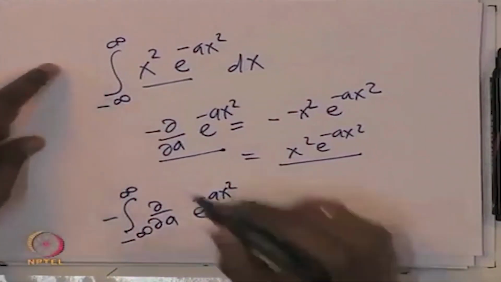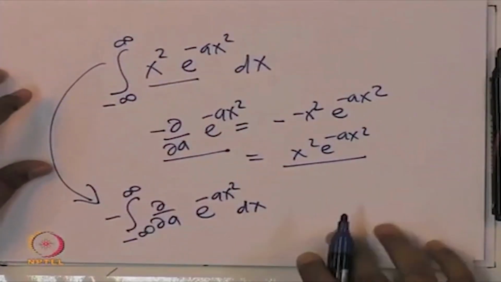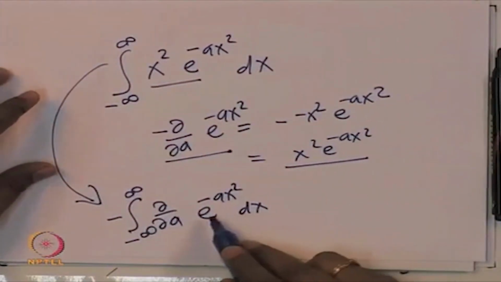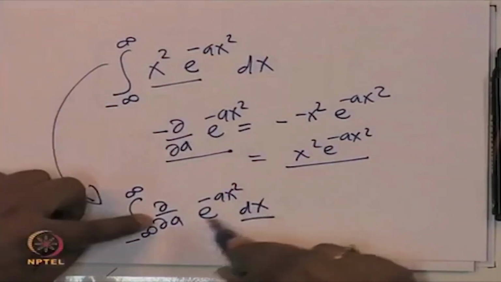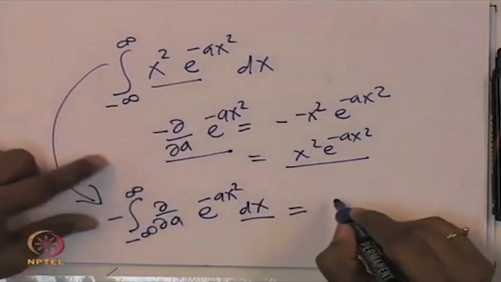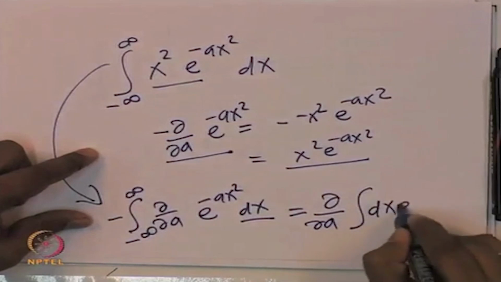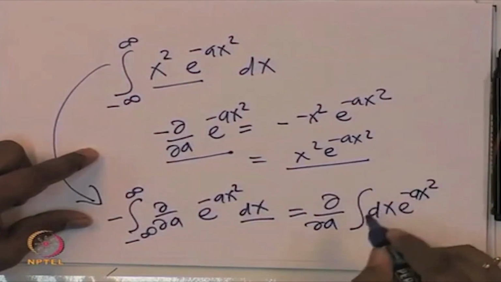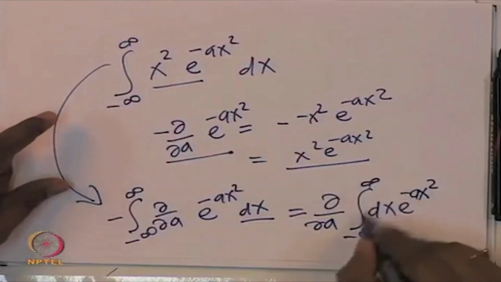This has been rewritten in this particular fashion, and the derivative is with respect to a and the integral is with respect to x. So, they are independent, so I can exchange. That means I can do first the integral and then the derivative, and the answer to this integral we know, which is root of pi by a.